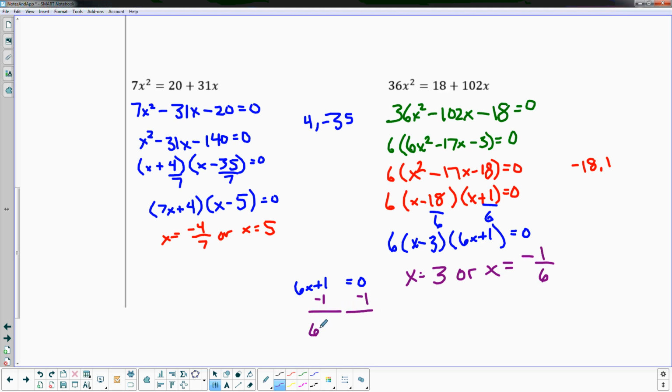It is a two-step equation, but some people have a hard time tracking what I'm saying versus what I'm writing. I'm not showing all these steps in any of these problems, but this is where it comes from. Just solving a two-step equation to say that x equals negative 1/6.